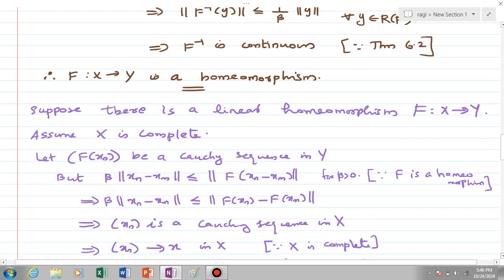Suppose there is a linear homeomorphism f from x to y and assume x is complete; we have to show that y is complete also. Okay, so we are taking a Cauchy sequence f of xn from the space y, and since f is a homeomorphism, f and f inverse are continuous, and so we can write beta into norm xn minus xm is less than or equal to norm f of xn minus xm for some beta greater than 0.